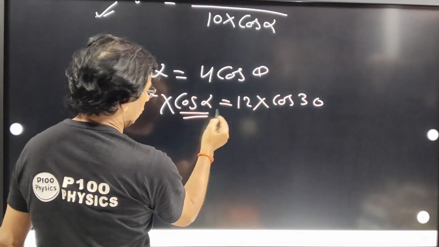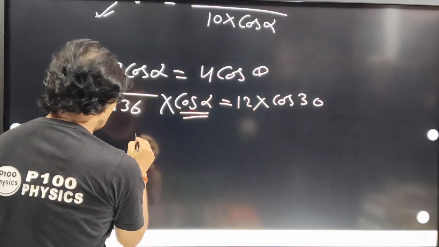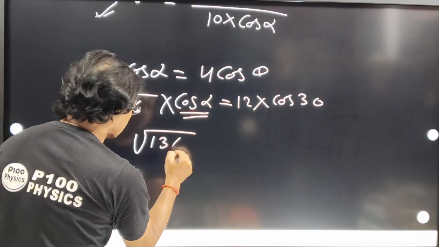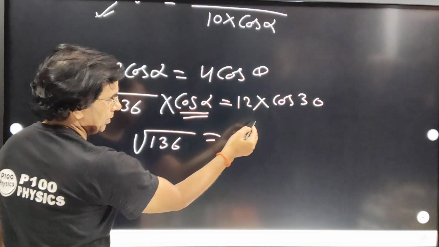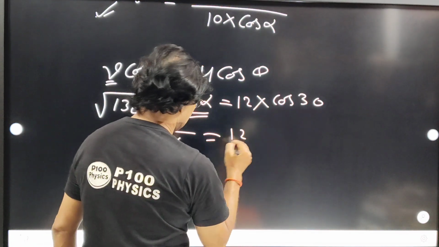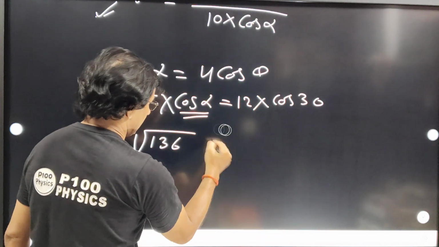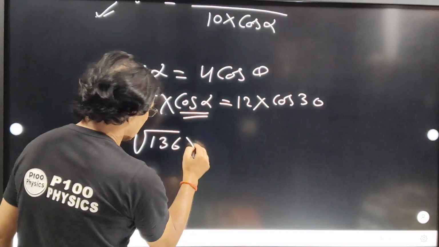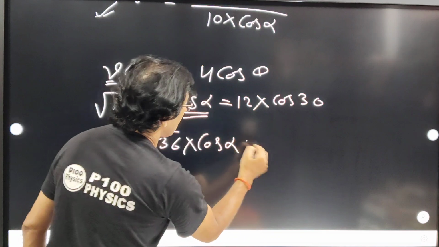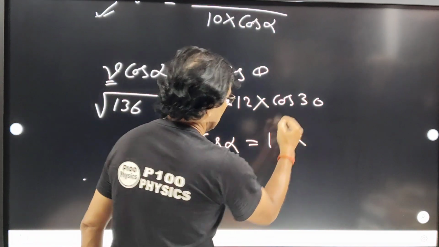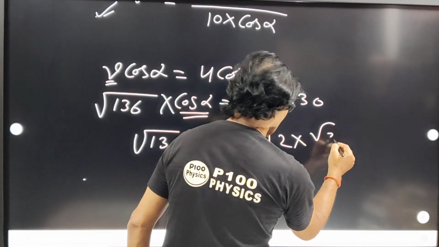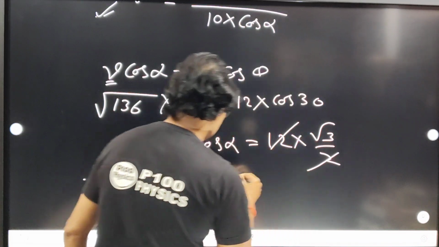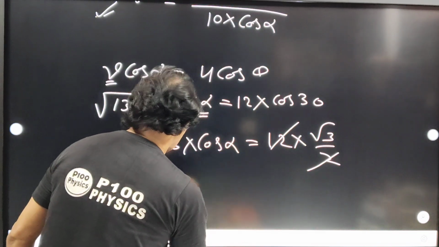So root 136 cos alpha equals how much? Put the value here: 12 into cos 30, which is 12 root 3 by 2. It becomes cancelled.